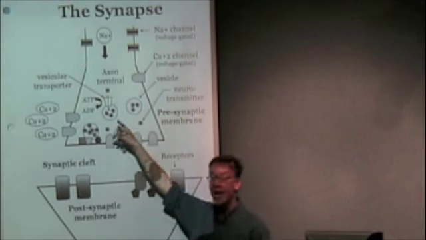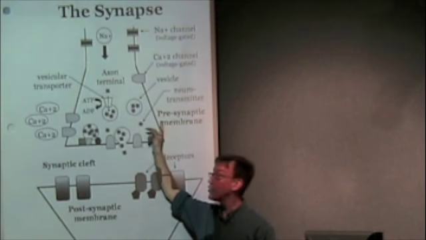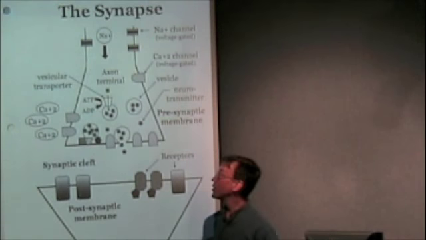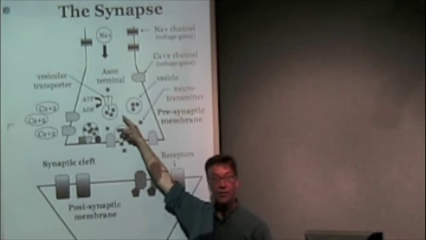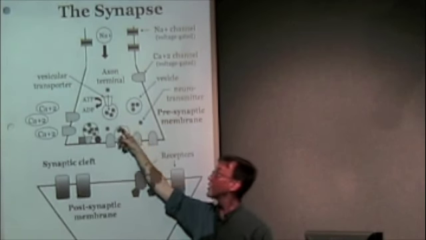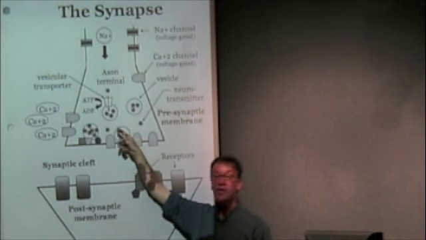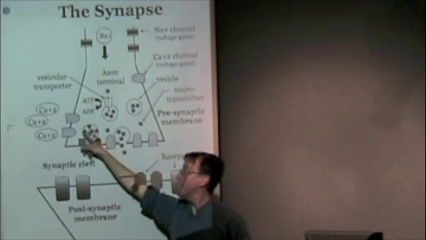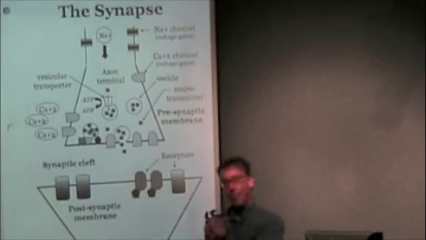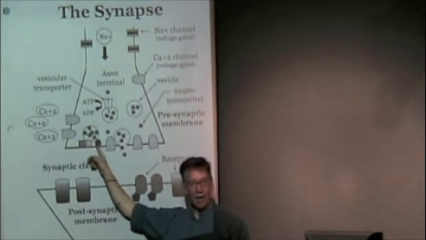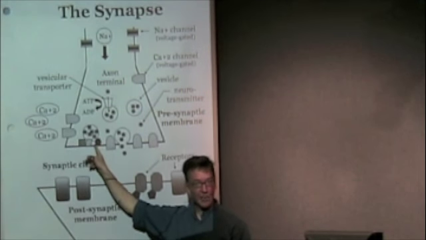If you have the axon terminal or presynaptic membrane, you're going to look for the presence of voltage-gated calcium channels. You're going to look for the presence of vesicles that are coated with vesicular transporters. You're going to look for the presence of neurotransmitters that are being packed inside of those vesicles. You're going to see vesicles docked, with these complex protein structures, to the membrane of the axon terminal, the presynaptic membrane.